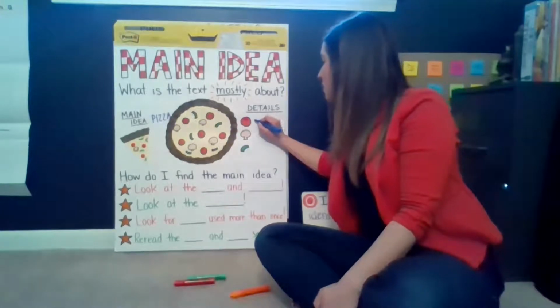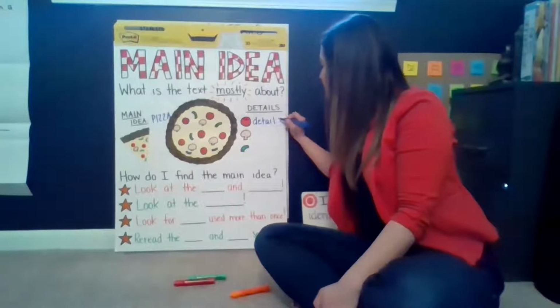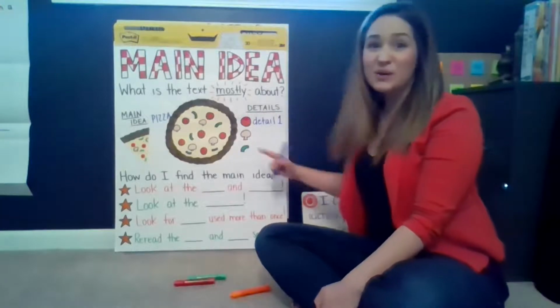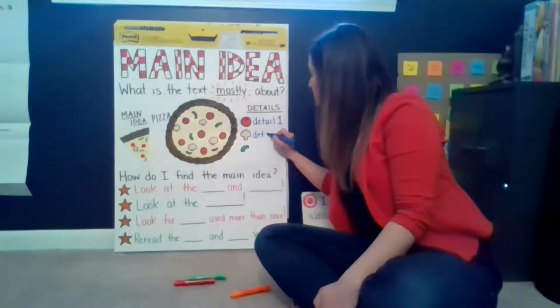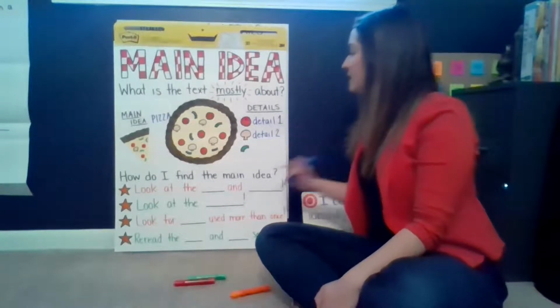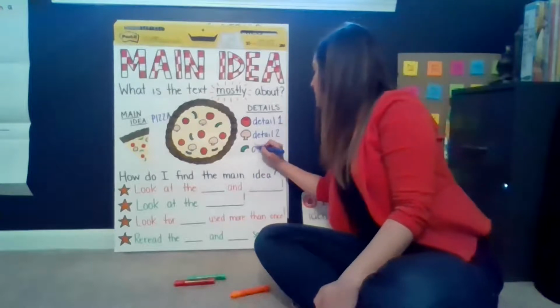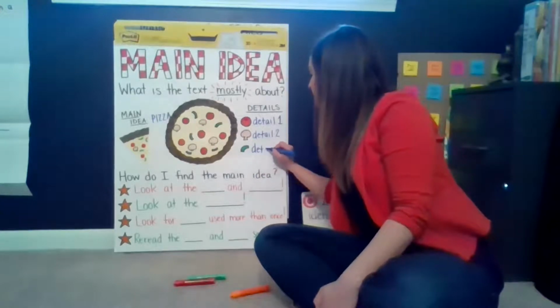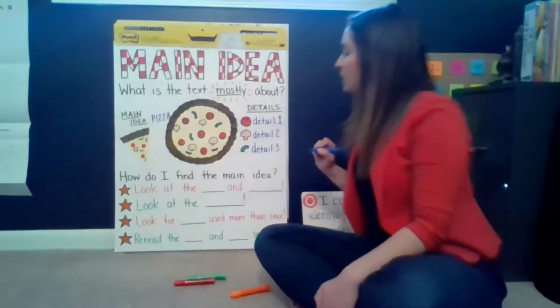This is my detail one. I put mushrooms. This would be detail two. It's another thing that's supporting the main idea about making pizza. And detail three would be my peppers. Detail three. Great.